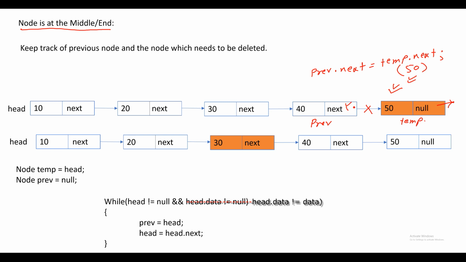Means this 40.next should point to 50.next. And by default, it is right now pointing to null, right? So after this operation, this 40 will point to null, right?